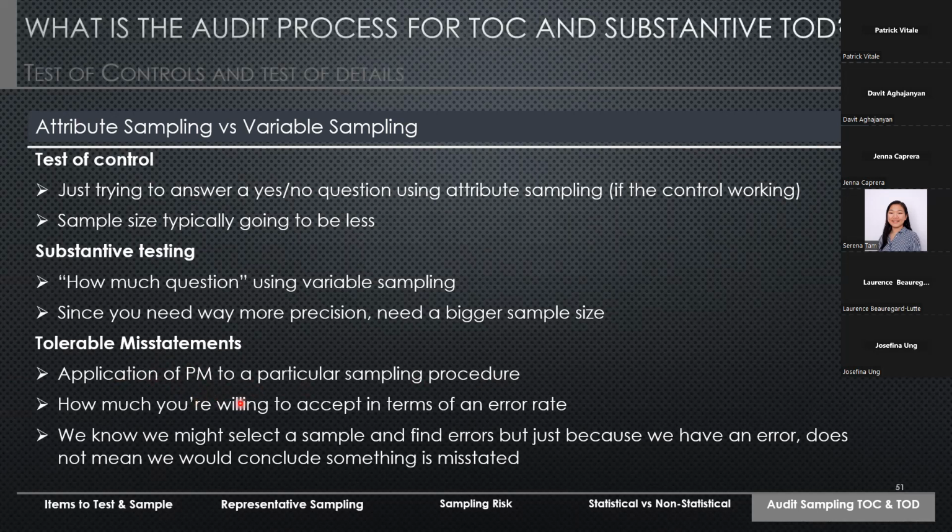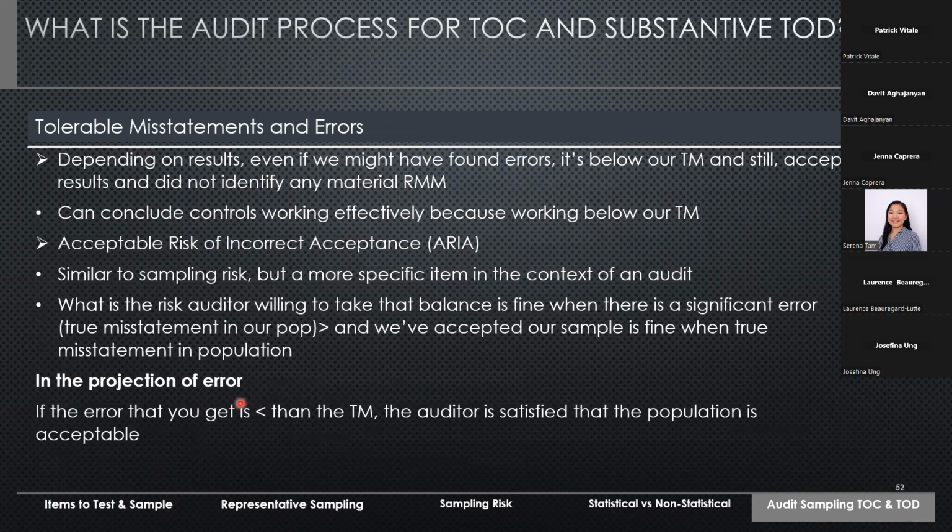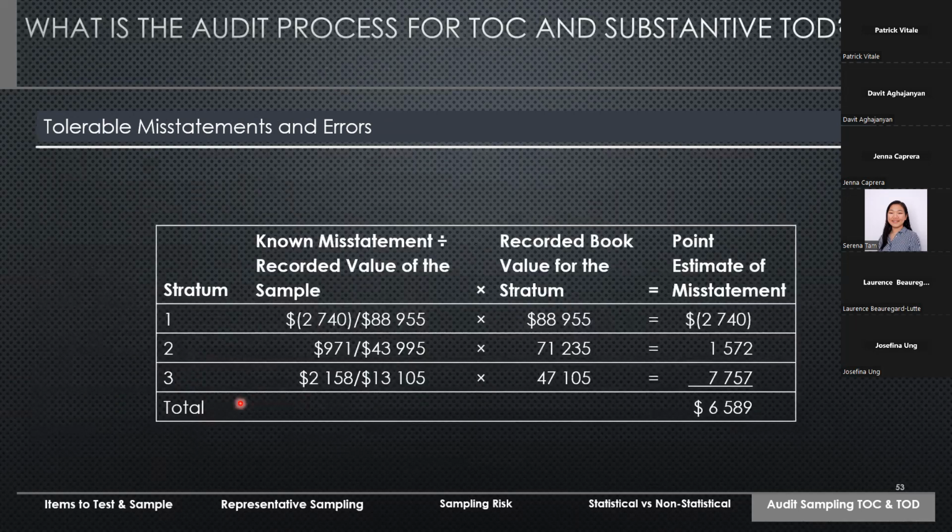What do we do if it's over the TM? In that case, well, it's material. You're going to maybe talk with management and say, why is there an error here? It's above your threshold, so you have to do more procedures, more testing. Let's say this, actually, I don't know, this is the wrong invoice, this is the right invoice.